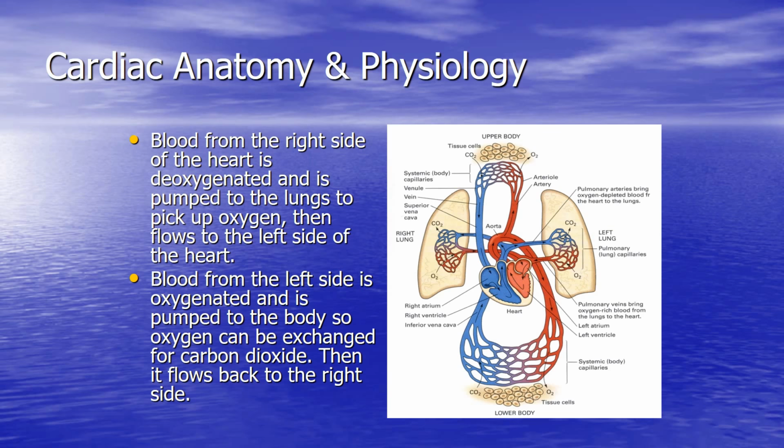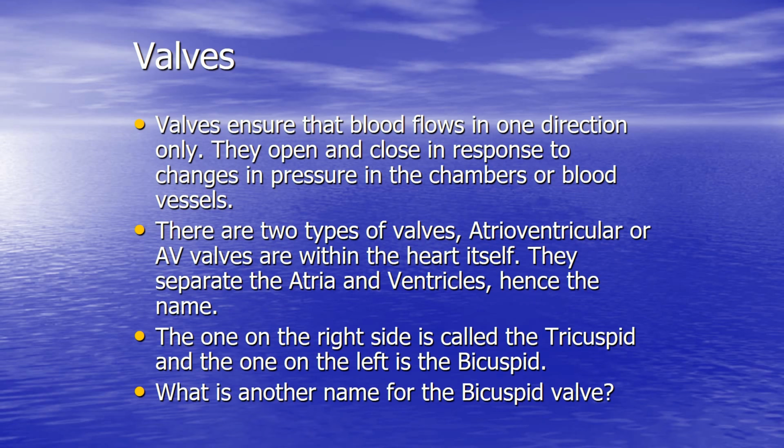The body's tissues need oxygen, and they need to get rid of carbon dioxide. So this blood now goes to the body's systems and exchanges its oxygen for carbon dioxide. Now that blood is oxygen poor, and it returns to the right side of the heart, completing the circuit. If you look carefully at the simple diagram there, it should become clear.